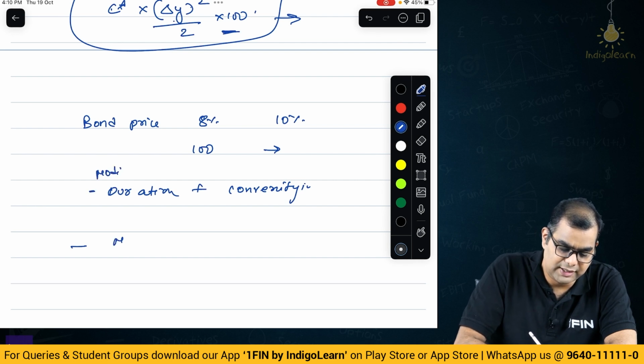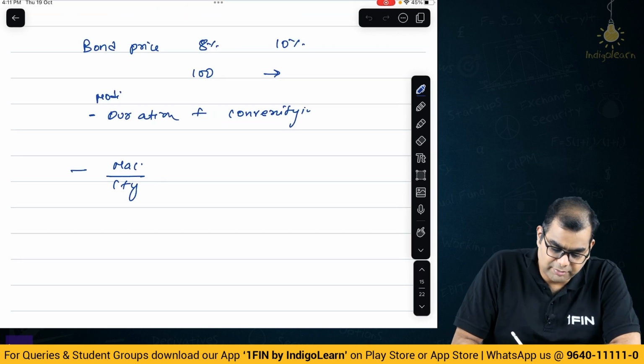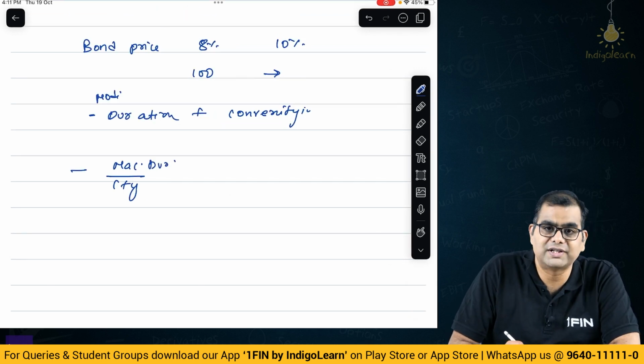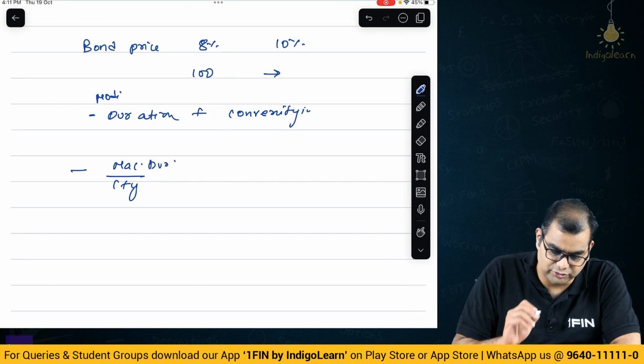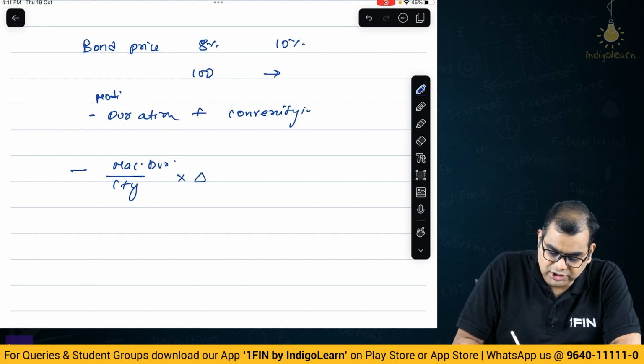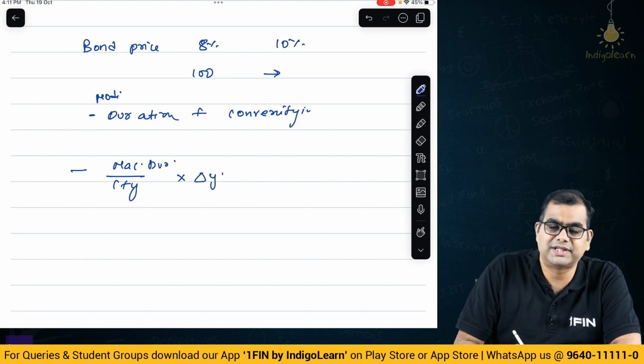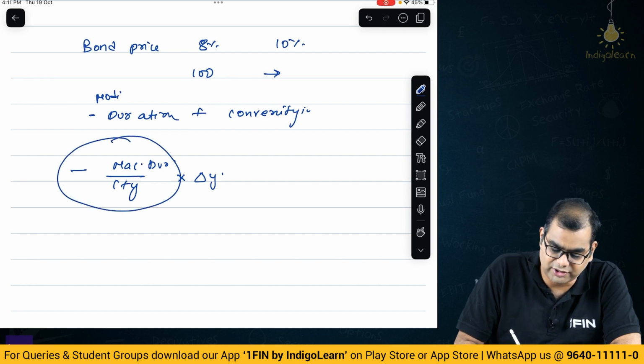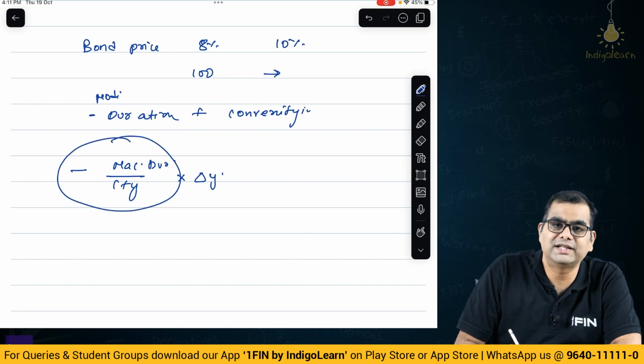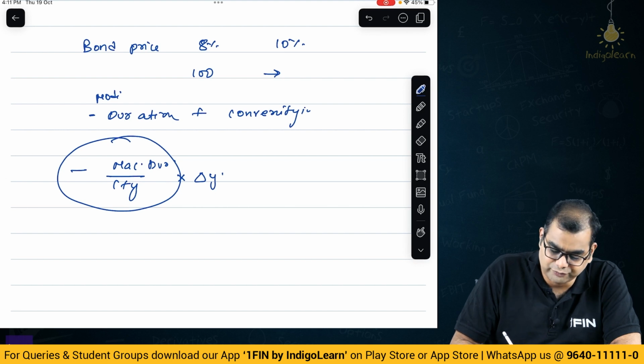So, minus Macaulay duration by 1 plus y, which is what you get as modified duration, into the change in yield. This is a generic formula for 1%, but you have to actually see what is the exact change in yield that you are looking for.